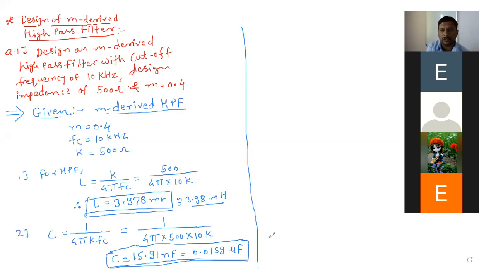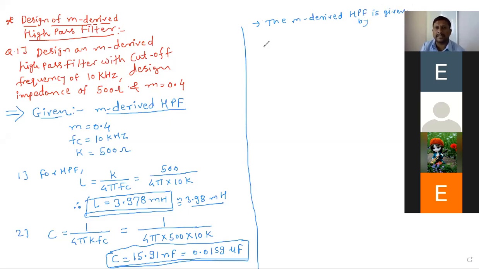Now next, you have to draw the diagram of T section and pi section. Now the M derived high pass filter is given by this.